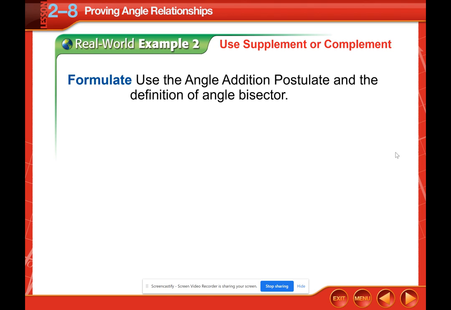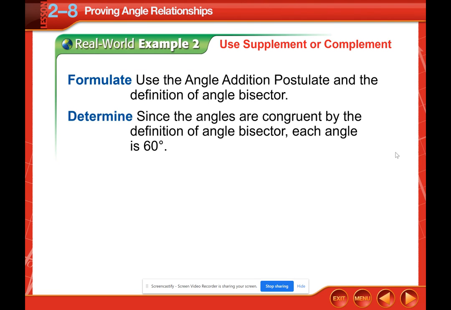Let's use the angle addition postulate and the definition of an angle bisector in order to determine what our angle is. Since the angles are congruent because of the definition of an angle bisector, we know that each angle is 60 degrees.